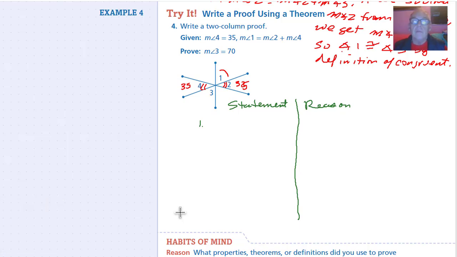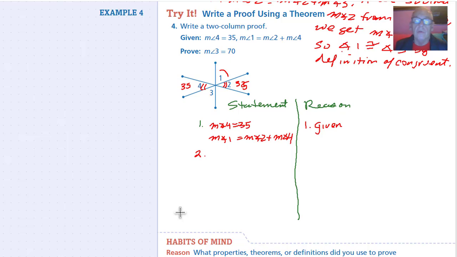So always start with the givens. Measure angle 4 equals 35. Measure angle 1 equals measure angle 2 plus measure angle 4. That's given. So we got that marked on the diagram, and let's see what we can do with it.